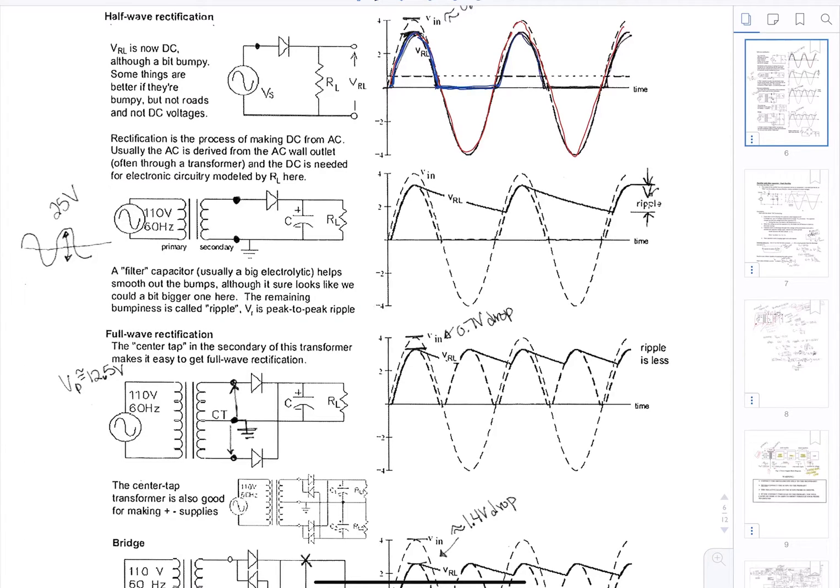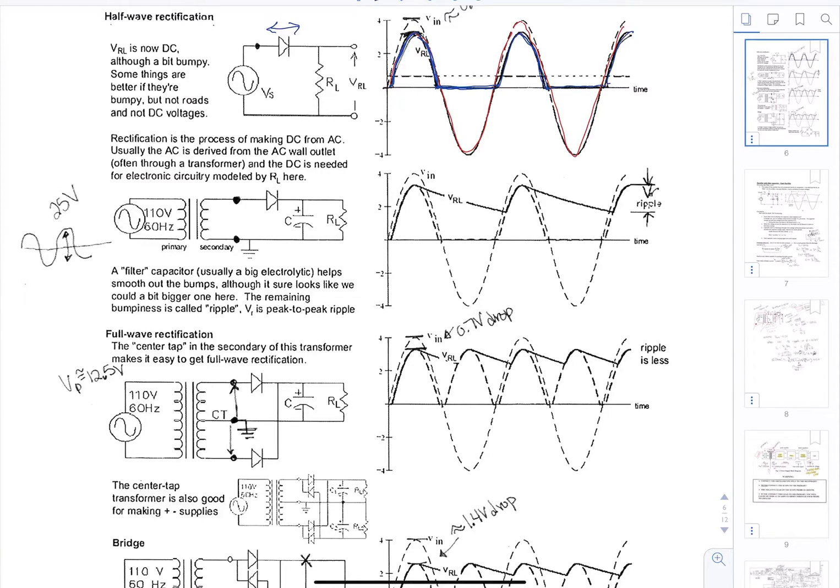You can switch the diode around in the other direction. So if you swap this going the other way, it's going to pass it through as a negative and all be negative values.